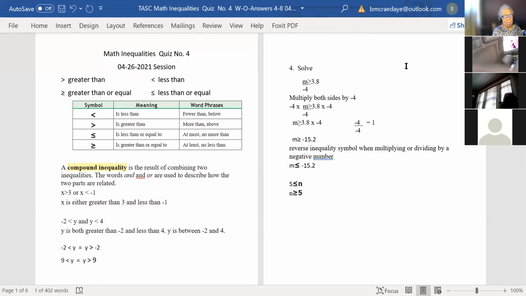Vanessa, just tell why you multiplied here. Why was this a multiplication? Because if it's a multiplication with inequality, you divide, right? Yeah, this is division and the opposite of division is multiplication. So you multiplied both sides by negative 4, right?